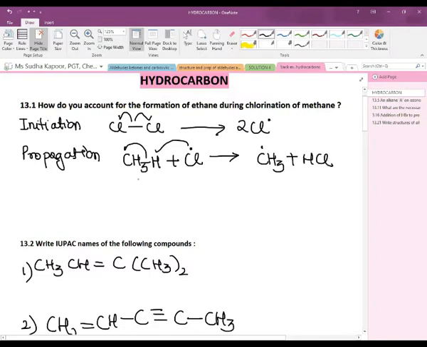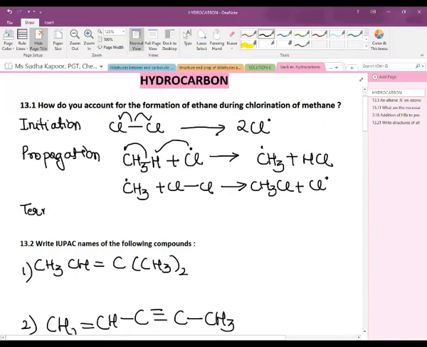So the reaction goes on in continuation, the propagation goes on. For example, the CH3 free radical reacts again with Cl-Cl, and the Cl free radical is generated again as previously, resulting in formation of CH3Cl along with Cl free radical. So this goes on and on.